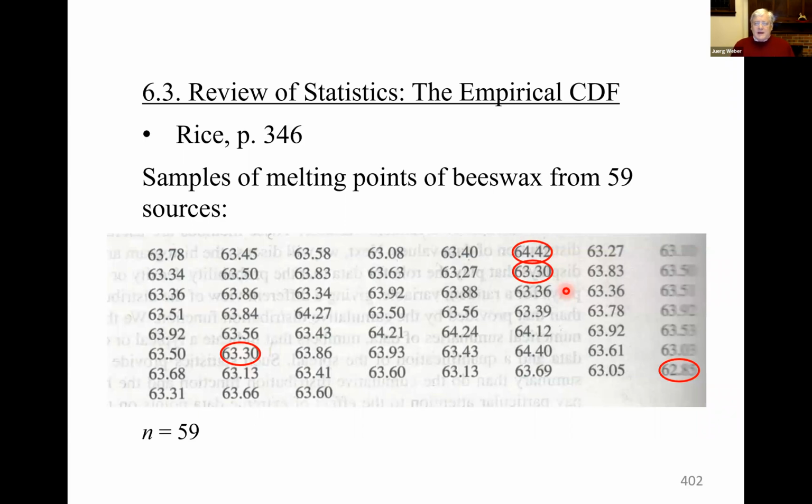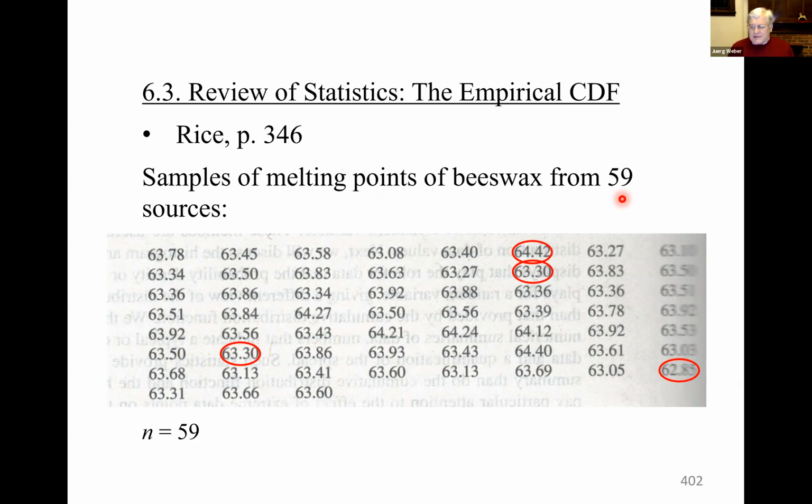So let's make an example. I take it from the Rice book, which I have cited at the beginning. It's about beeswax, honeybee wax. We have here some melting points of a sample with 59 different sources.